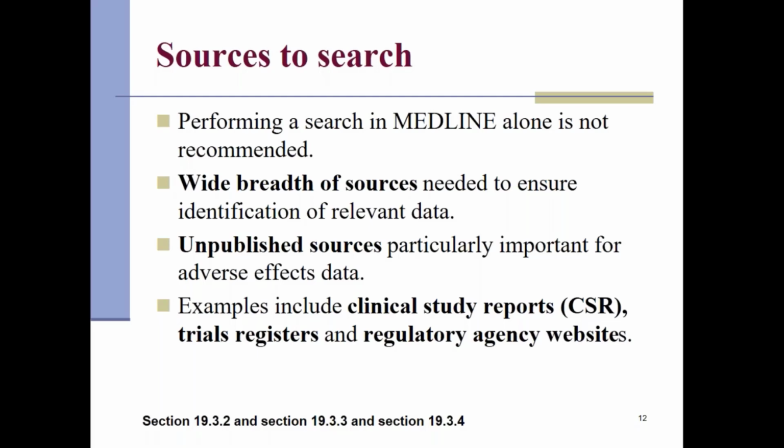So for the same study, the publication version might miss out the adverse effects, whereas the adverse effects data may be all there in the unpublished version of the same study. Particular examples of unpublished sources that are good for adverse effects are clinical study reports for drugs and biologics. Trials registers and regulatory agency websites are also good for adverse effects.